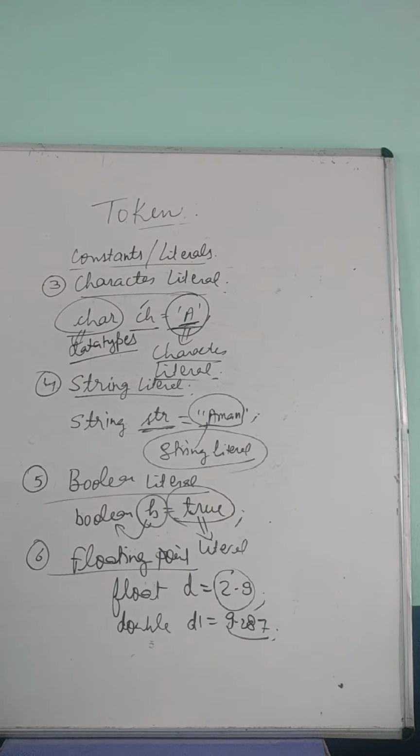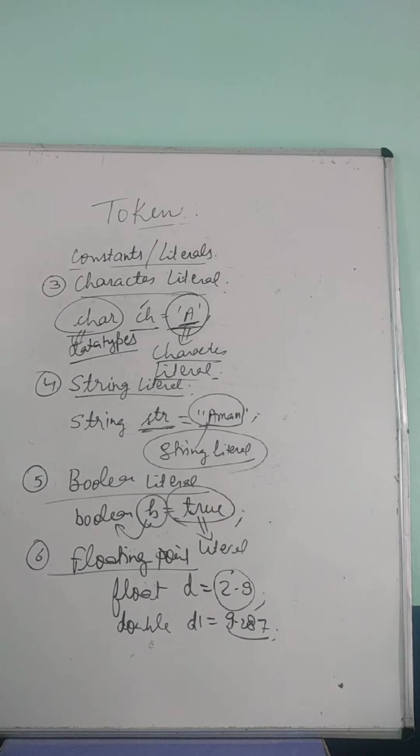That means when we have a decimal value, we can also call it a decimal literal, but the proper name is floating point literal. So these are the literals we have to remember: first integer, second real, third character, fourth string, fifth Boolean, and sixth floating point. This is the whole basic for our literals.